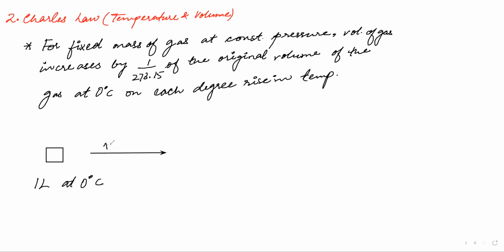Then the volume will increase a bit. This will be 1 liter plus, the initial was 1 liter, and by each 1 degree increase we will get 1/273.15.